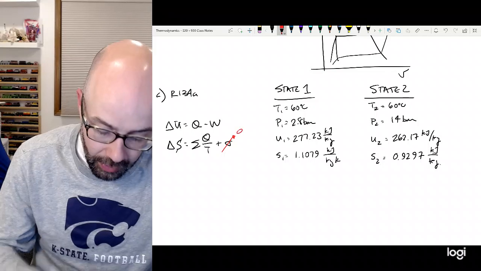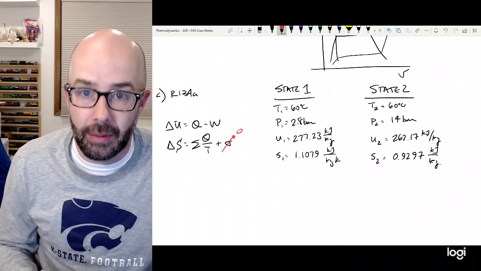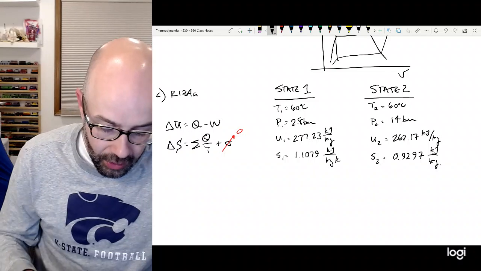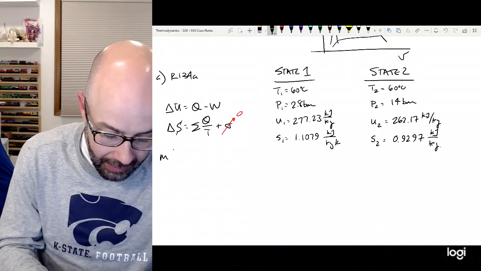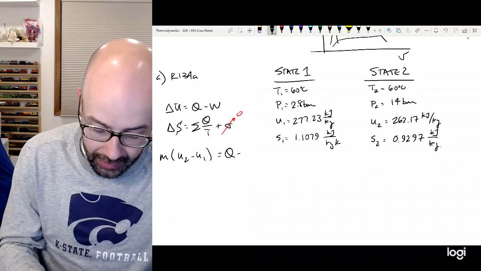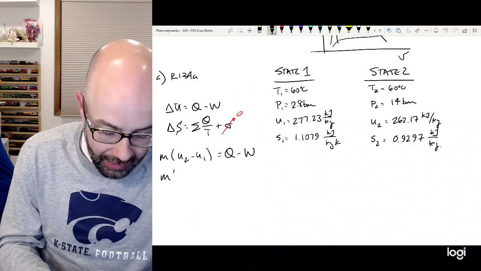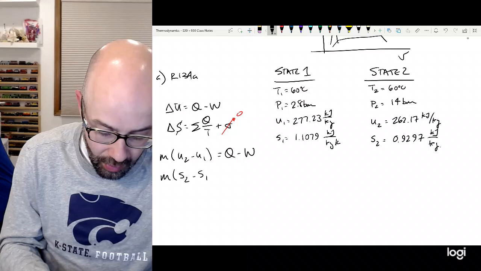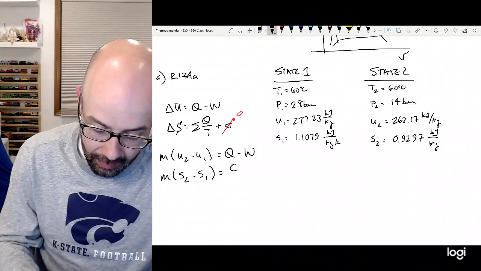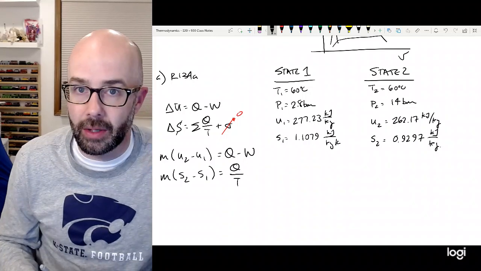So internally reversible means that sigma goes to 0. And so to simplify these two equations, we have mass times U2 minus U1 is equal to Q minus W, and then mass times S2 minus S1 is equal to, there's only one heat transfer that's going to happen here, so it's going to be heat transfer over the temperature.